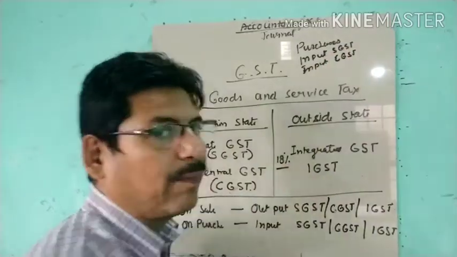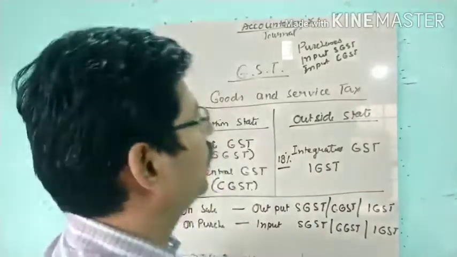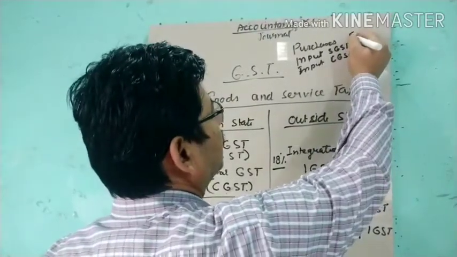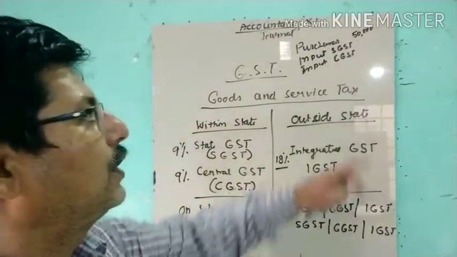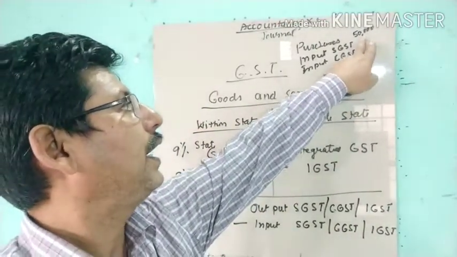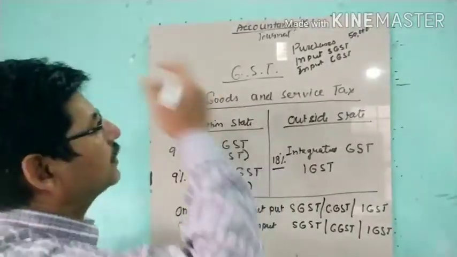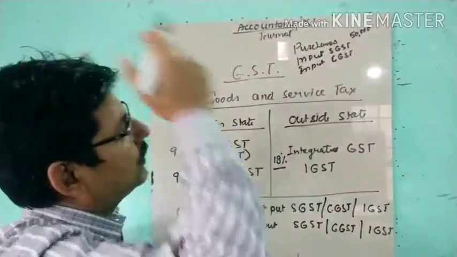So if we have bought the goods for rupees 50,000 and 18% tax is there, 18% of 50,000 means 9,000 tax will be charged.